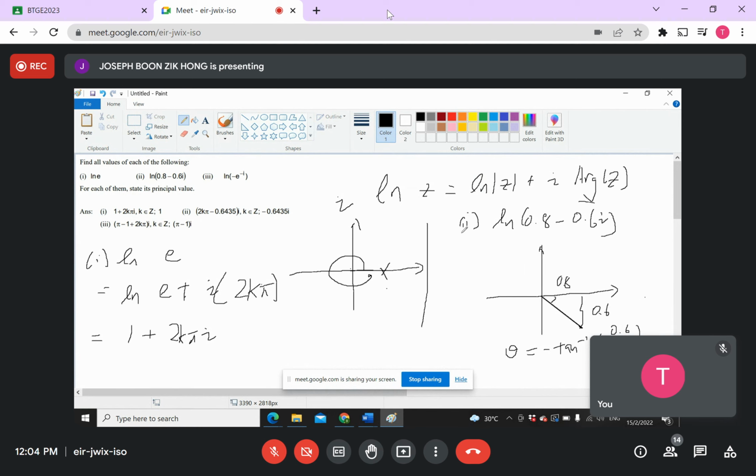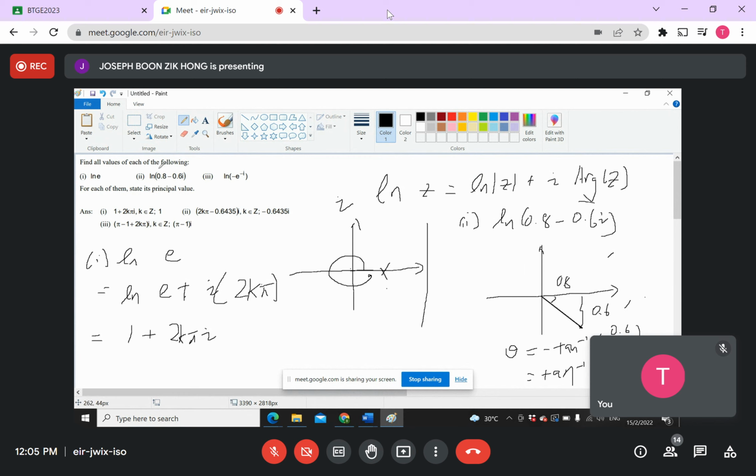I repeat again. The mistake students make is to directly say that theta is equal to tangent inverse of y over x. Yes, the formula tells you this, but not every time is it correct. For this case, correct. For this case, correct.